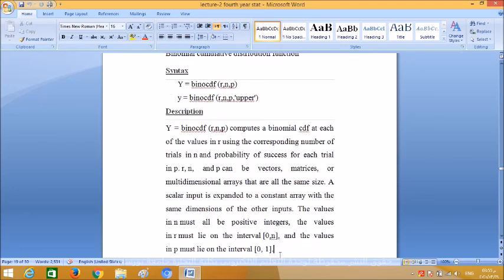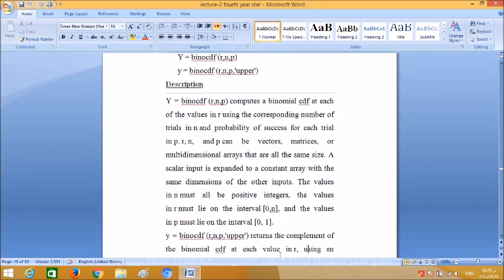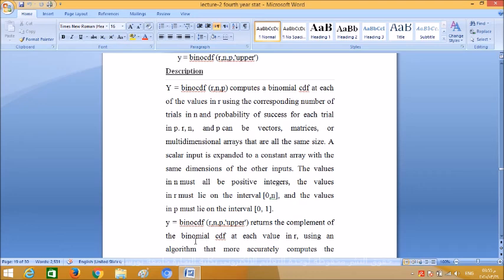Okay. Y equal binocdf R, N, P, upper returns the complement of the binomial CDF at each value in R. Okay.